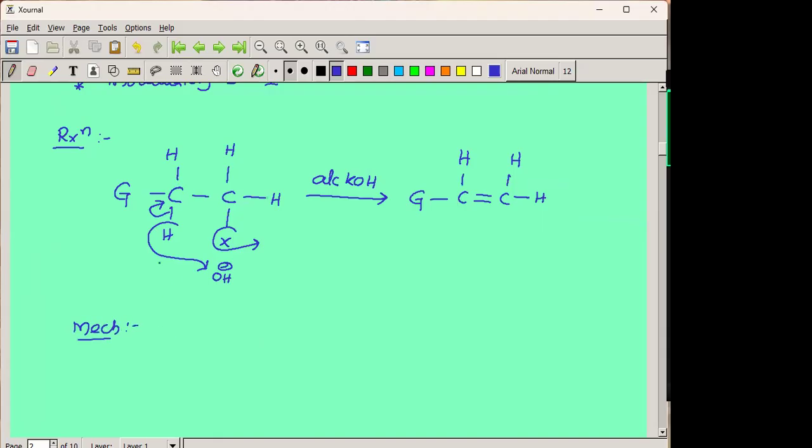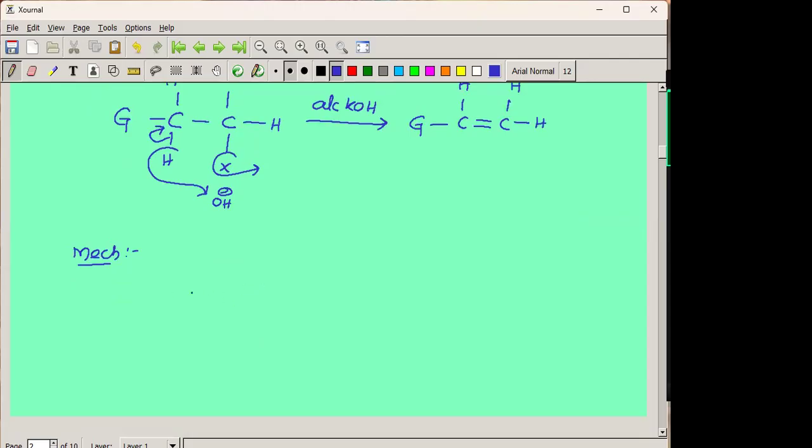Here I am going to take a tertiary carbon atom like that. What happened? Now we discuss. So here this is a carbon, this is also carbon, carbon, carbon. Here this is a group that is X, and this is a CH3 group. This is also a CH3 group, and this is also a CH3 group.